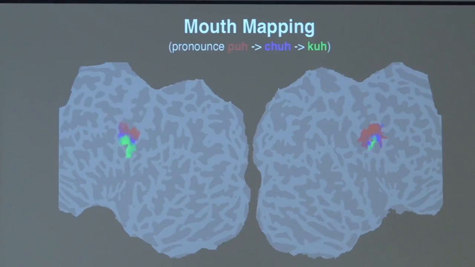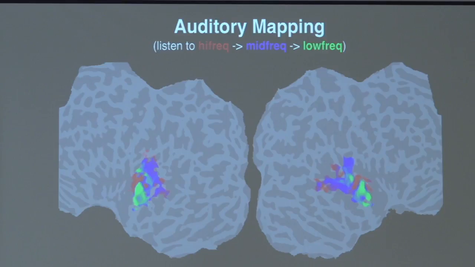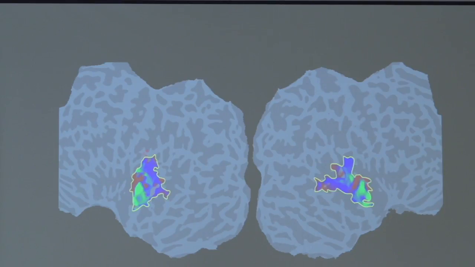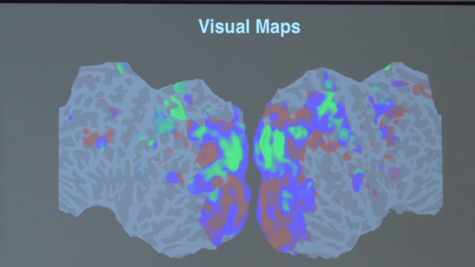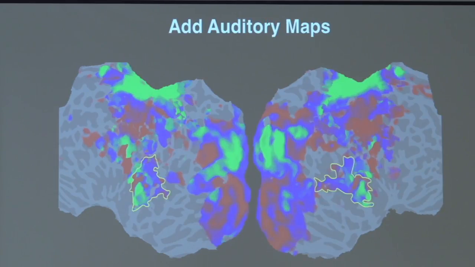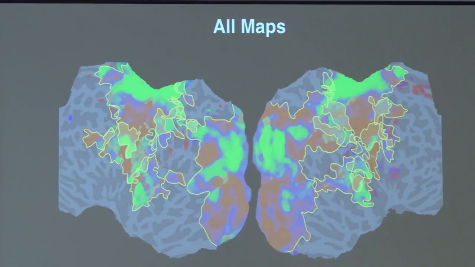And then here's a map of the mouth. You can have somebody articulate different consonants and see a map of the mouth. There are some auditory maps, and then we can just paste all the maps together. So there they are, all together. It's a little over half of the cortex, but just straightforward sensory maps.